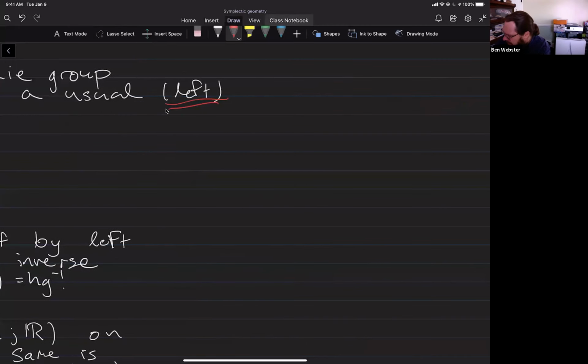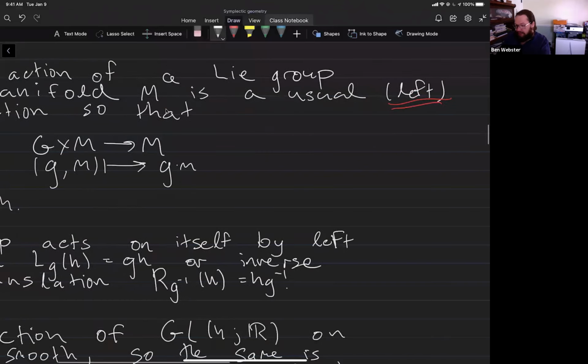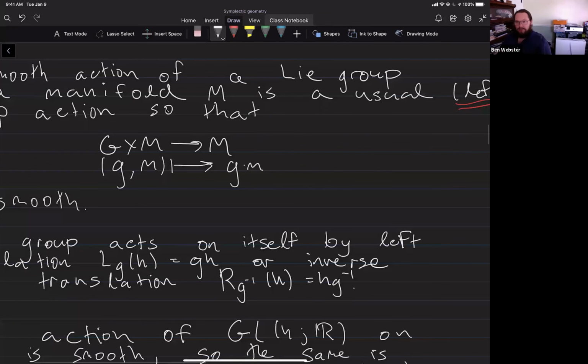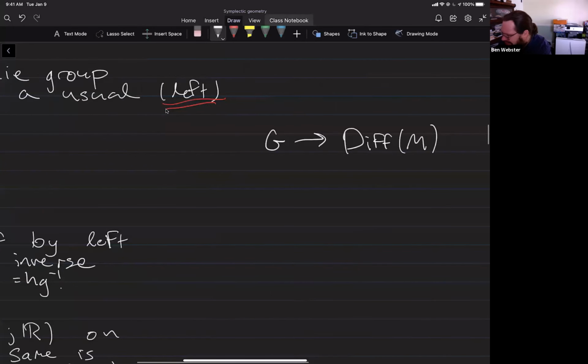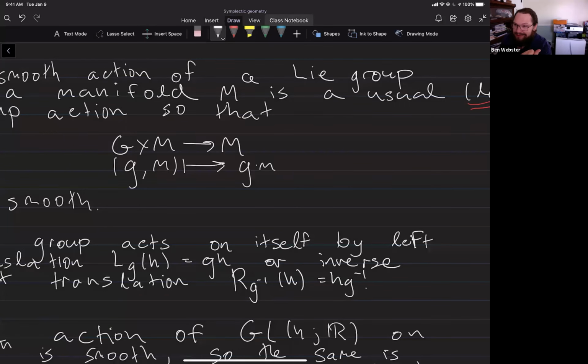I'll note here that this is a homomorphism from G into Diff(M), the diffeomorphisms from M to itself, which is gotten in this action map by holding g constant and looking at the induced map from M to itself. But then you still have to write things down in terms of this action map to say what it actually means to be smooth.